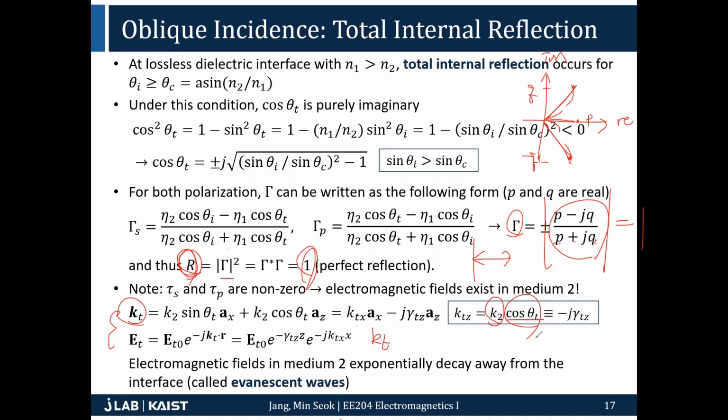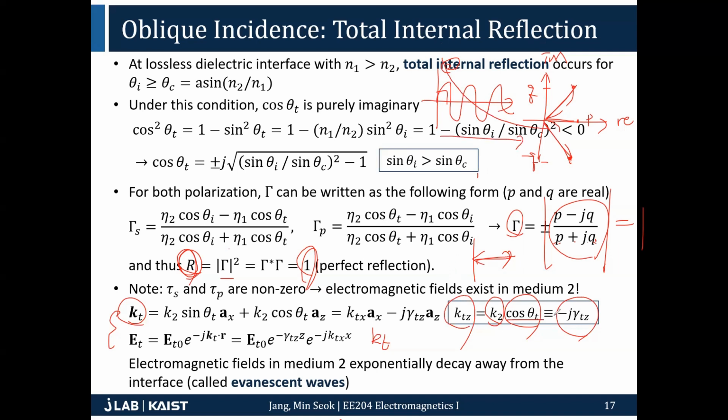Because cosine theta t is purely imaginary, the surface normal component of the k vector becomes purely imaginary too. Which means the electric field normal to the surface in region 2 is not oscillating, but it's just decaying as it moves away from the interface.